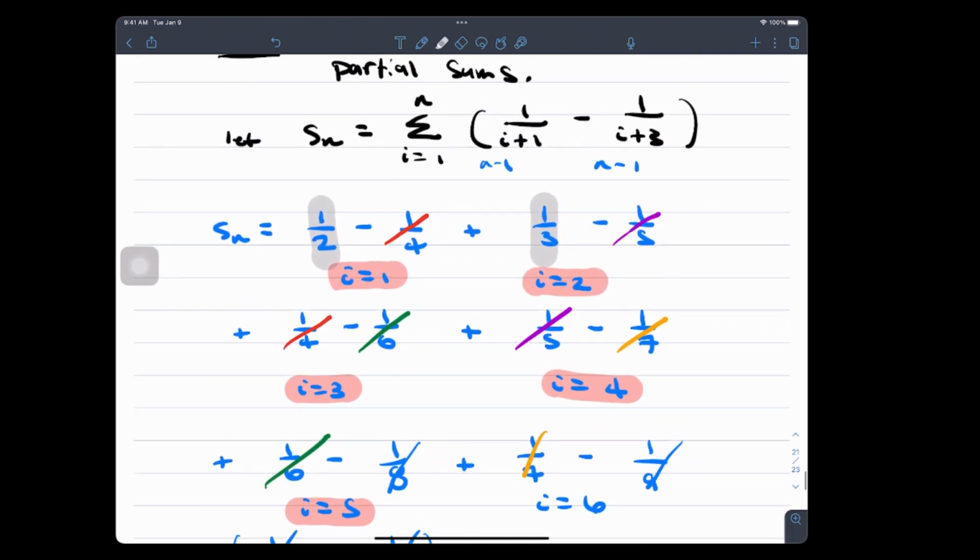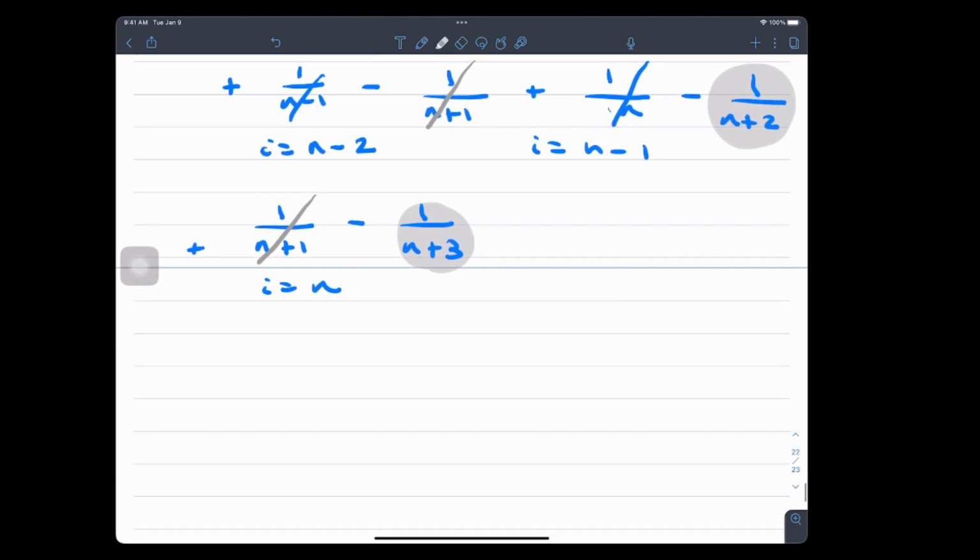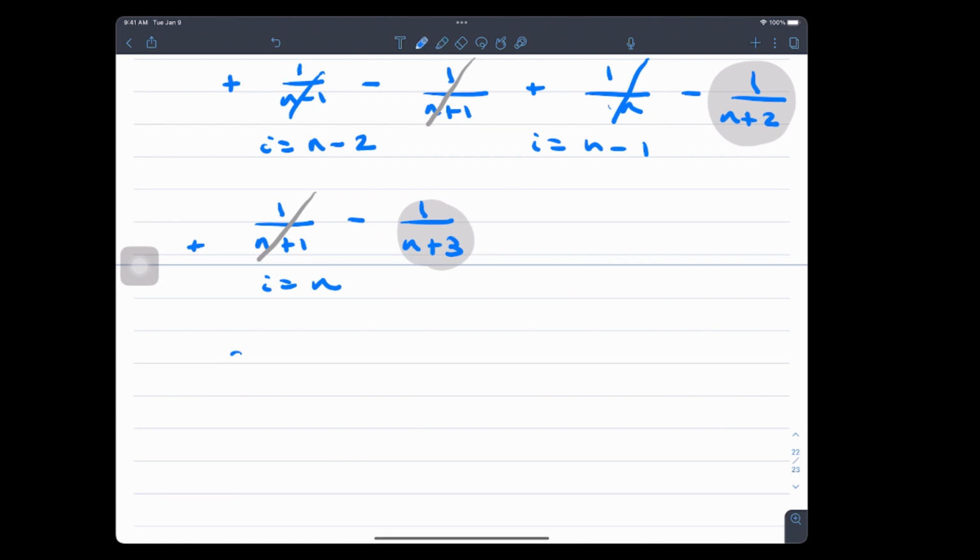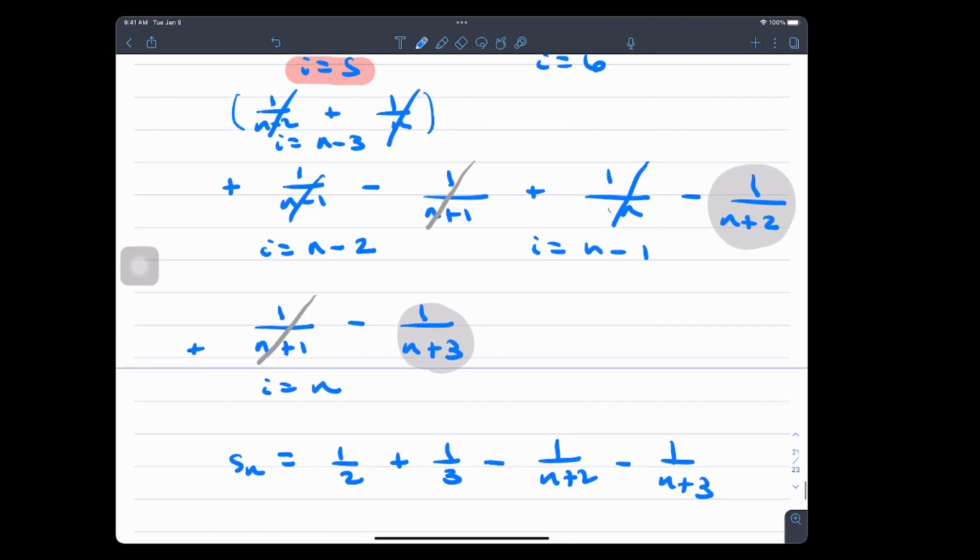Everything else collapses. Everything else goes away. So then you get the closed form of your sequence of partial sums being 1/2 plus 1/3 minus 1 over n plus 2 minus 1 over n plus 3. Because everything in gray is really what's left over now.